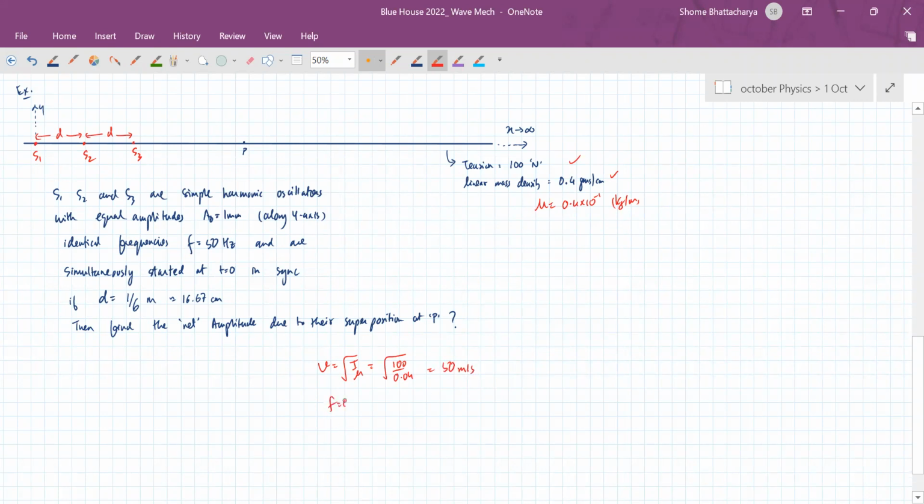And the frequency is given 50 hertz. So the wavelength will become 1 meter. Just a minute, people.